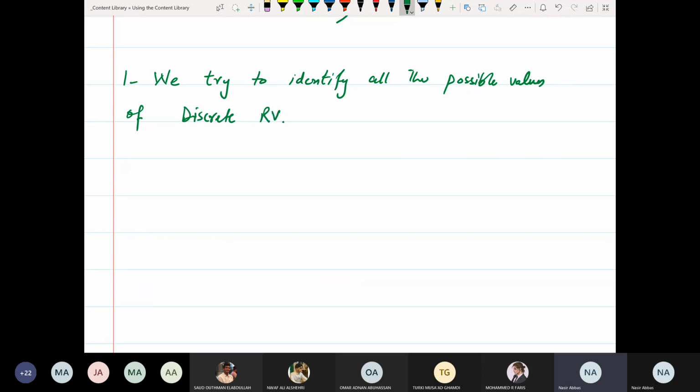Like for your example, the possible values were 0, 1, and 2. Number two, we find the corresponding probabilities against each value.